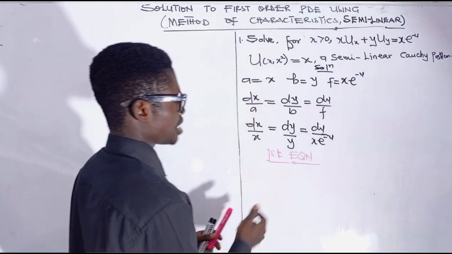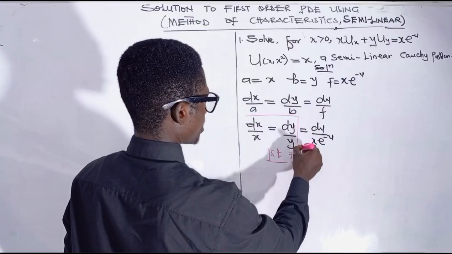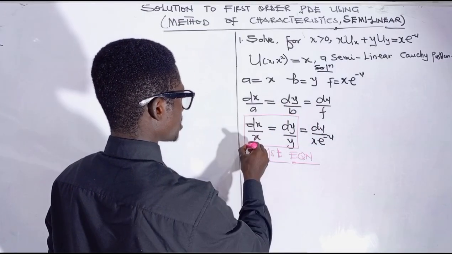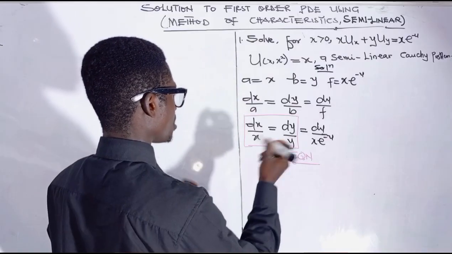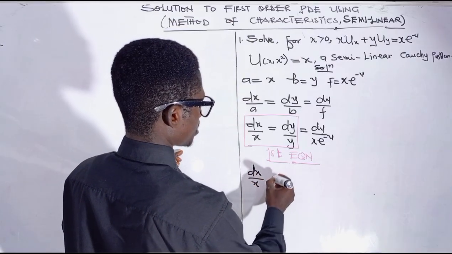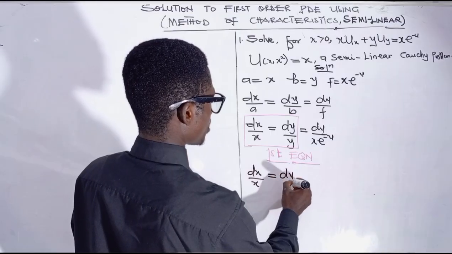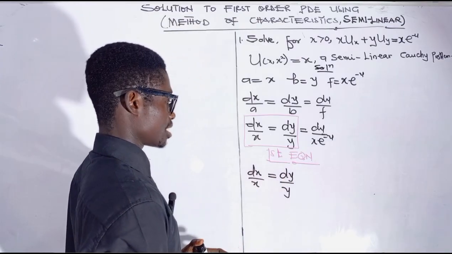With the first equation, let's pair this and that, so we are going to pair dx and then dy to give us our first solution. So we are going to have dx all over x is equal to dy all over what? Y. Very, very easy and simple.